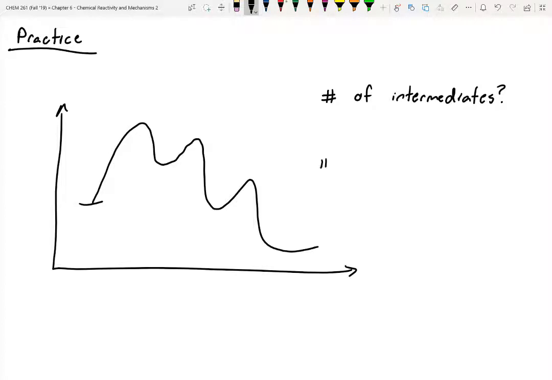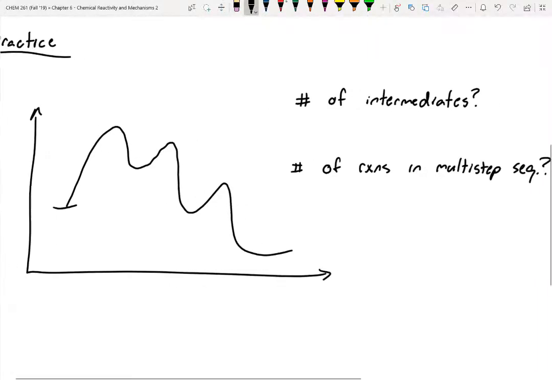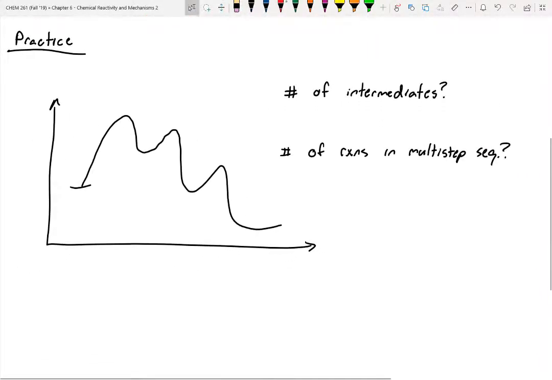All right, if you got that, then the number of reactions in the multi-step sequence. All right, so let's see a show. Show me with your fingers how many intermediates you think there are for this one.